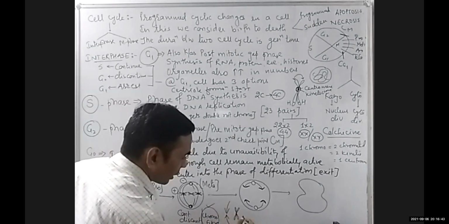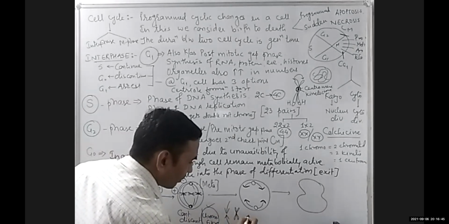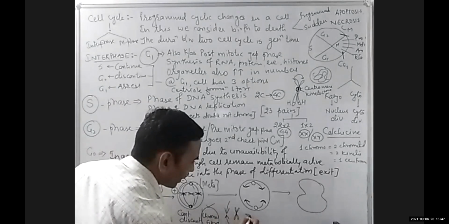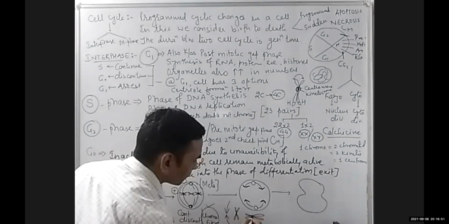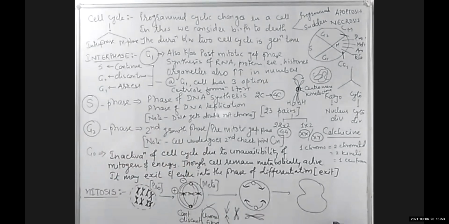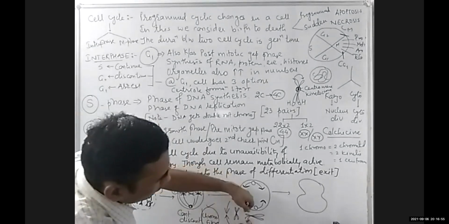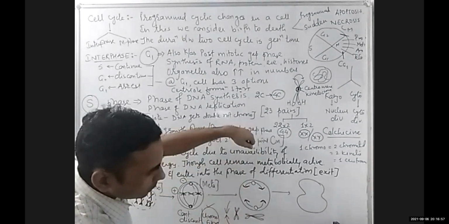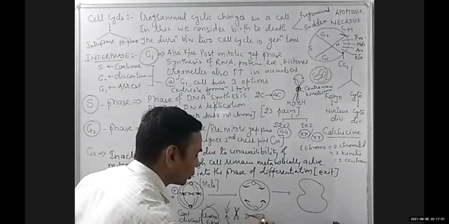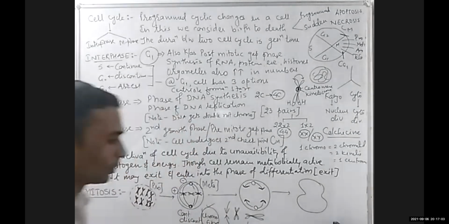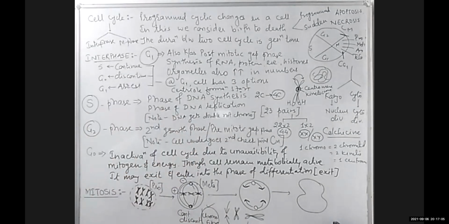If I say that it is not metacentric, it is submetacentric. Submetacentric is like this. So when someone pulls from these two poles, it will appear like an L shape, English alphabet L shape. Yes or no? Yes, sir. Perfect.